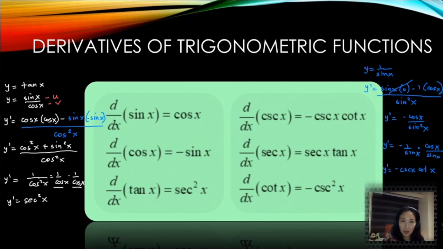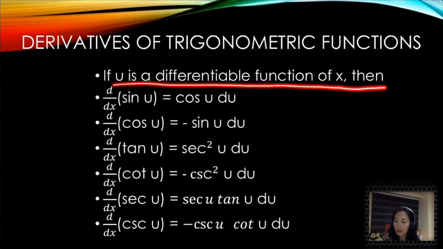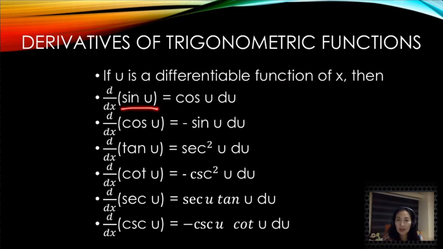If the angle, or if u, is a differentiable function of x, then the derivative of sine u with respect to x is equal to cosine u du, the derivative of u with respect to x.